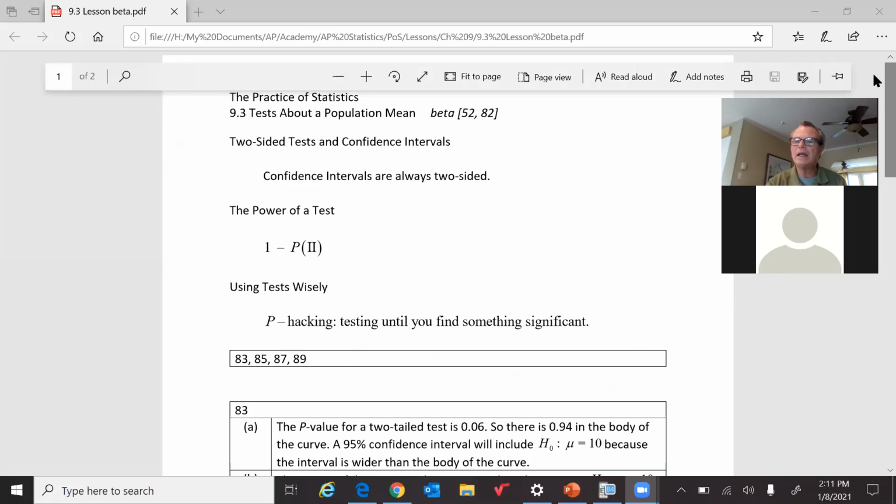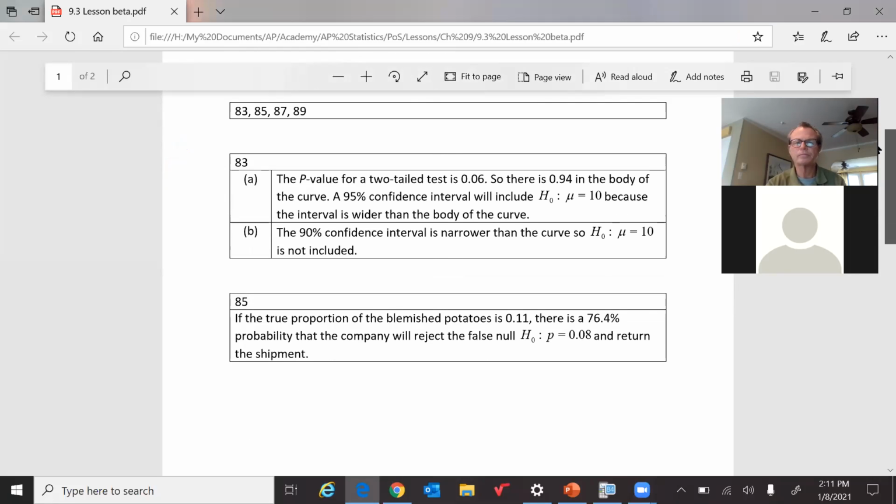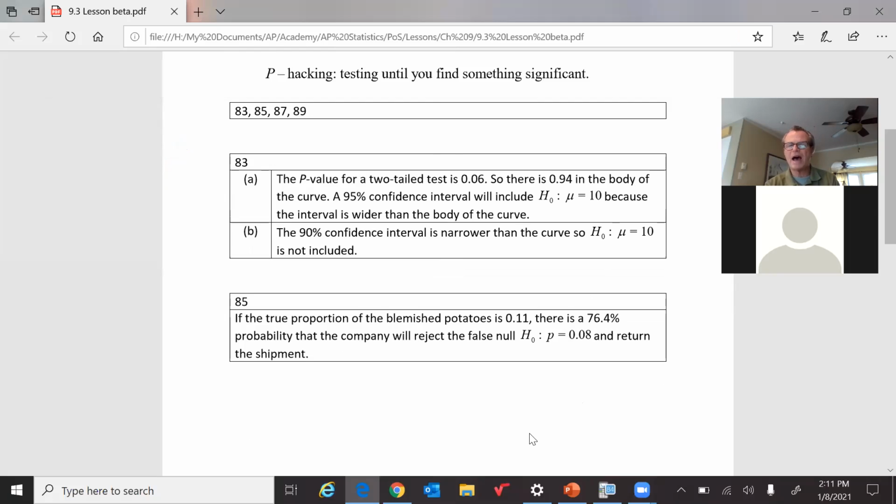So 83. If the p-value for a two-tailed test is 6%, and there's 94% in the body, the 95% confidence interval will include the null, because the p-value is greater than the alpha level. A 95% confidence interval goes with a 5% alpha level. If the p-value is higher than alpha, you fail to reject.